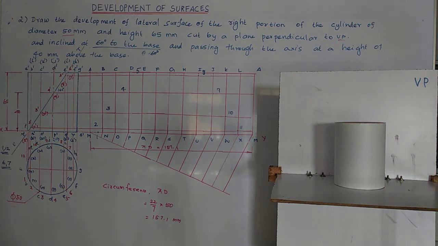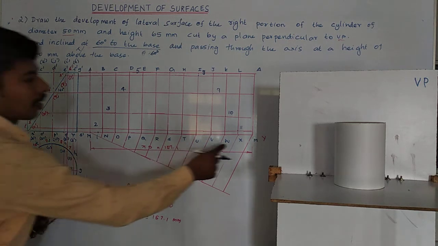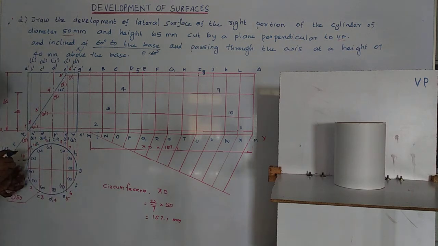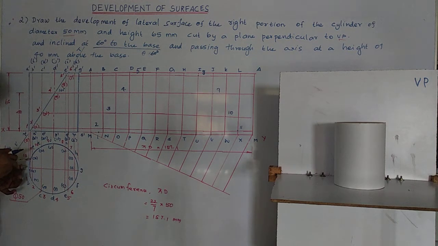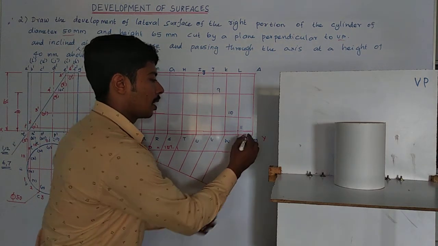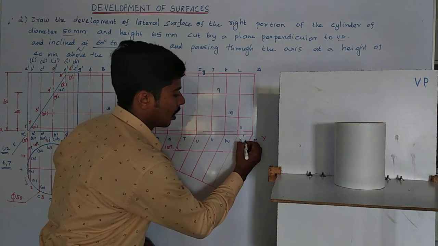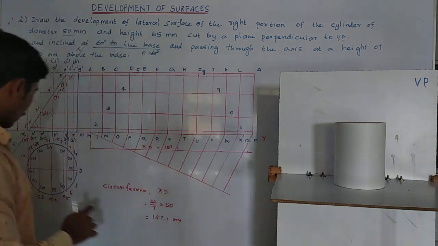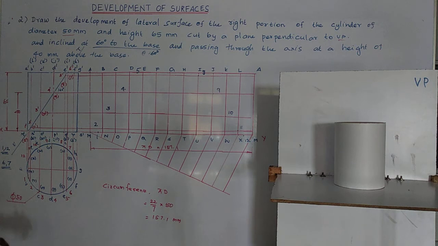Okay, so here also we have XM. XM means this point is 12. Okay. M to X it is 12. So I mark this distance M to X here in the base. This is 12. So 1 and 12 over.